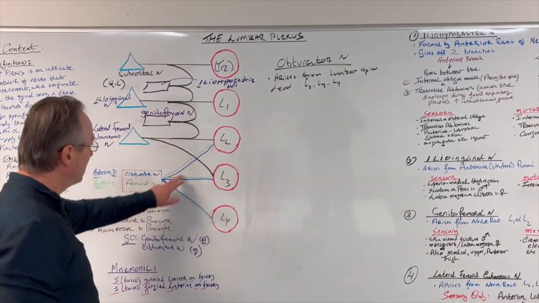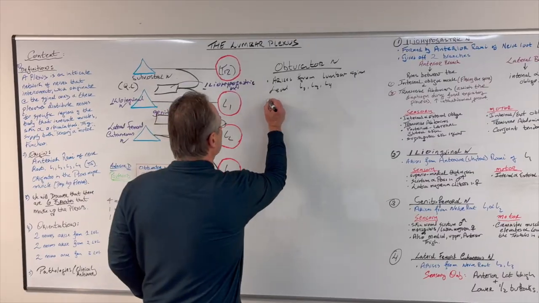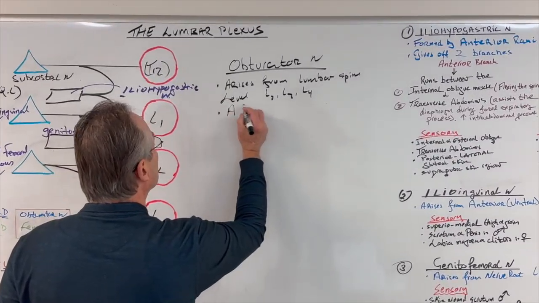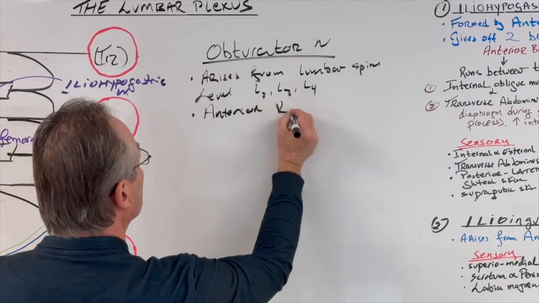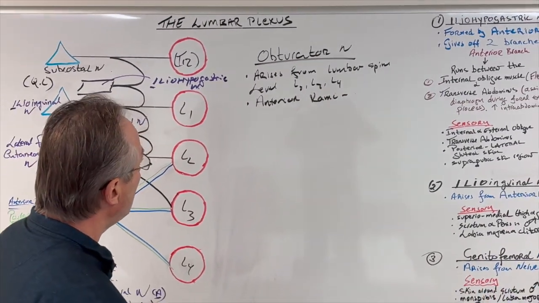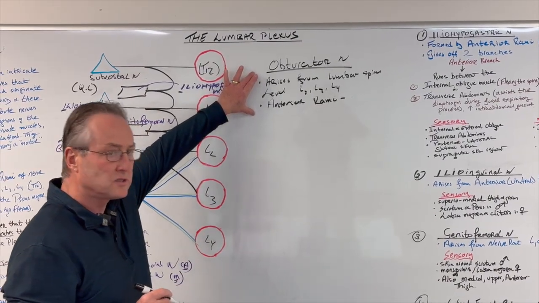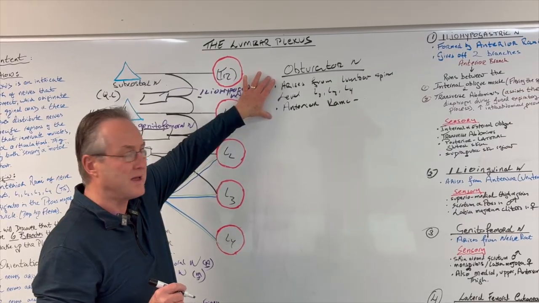As we recall, right here, L2, L3, L4. And remember, it's the anterior rami. So what motor function does the obturator nerve have?